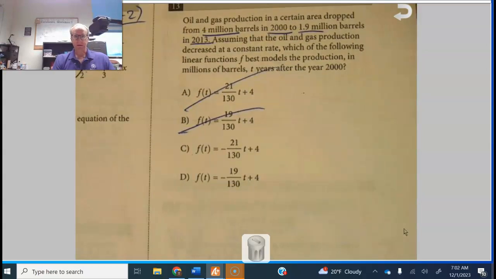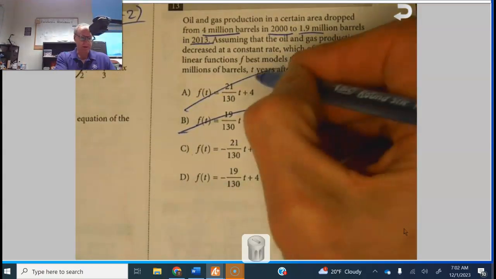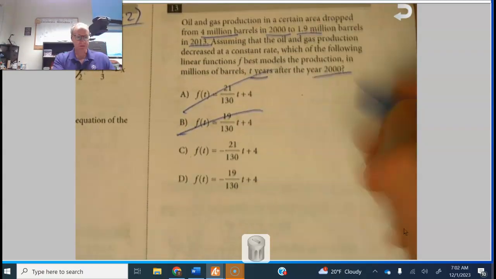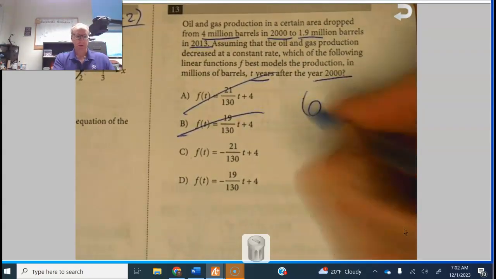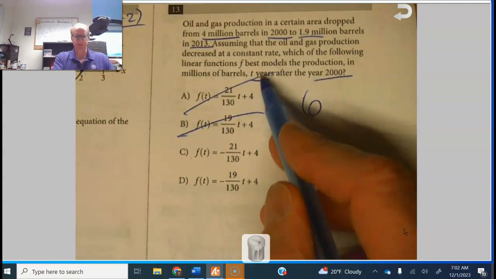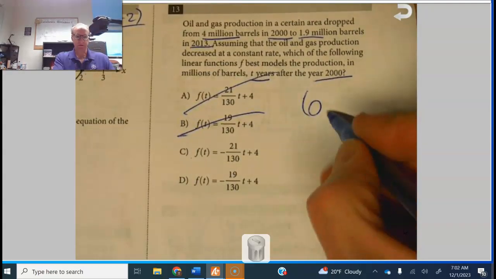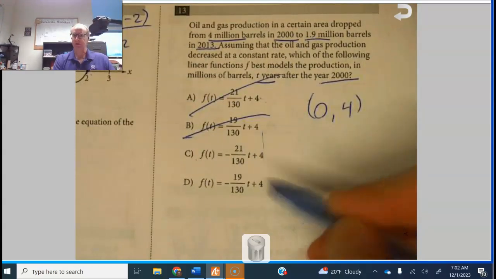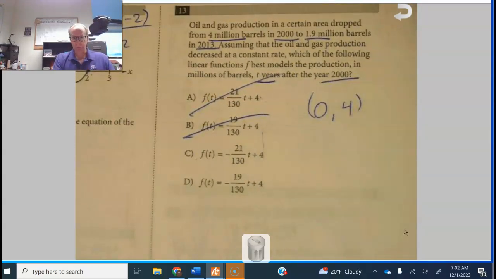Now, another thing, it says that we're talking about t years after the year 2000. So my initial year, we call it year 0. When we talk about time, we like to start out at 0. My year 0 is 4 million barrels. Notice that all of these y-intercepts are (0, 4). That doesn't help us.